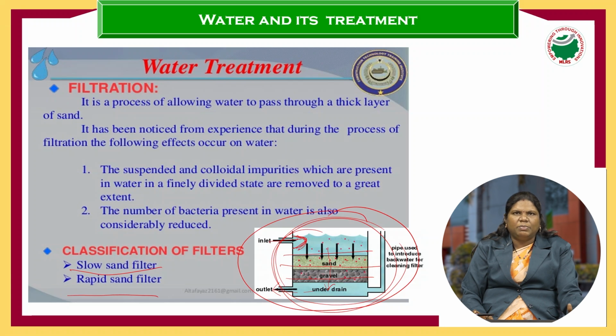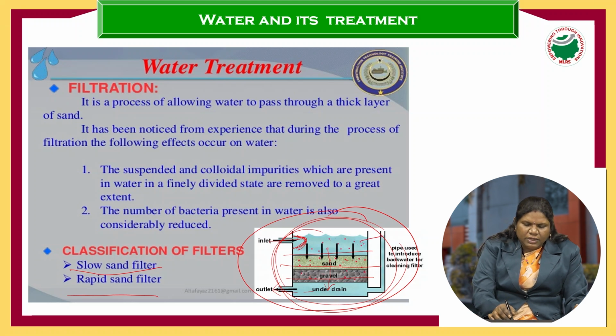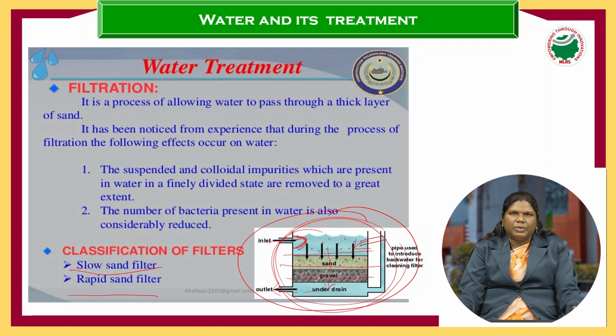The pressure will be pumped through an inlet pump so that the process of filtration takes place fast. In the slow sand filter, no pressure inlet is present. In the rapid sand filter, one inlet will be present to pump the pressure. This is the main difference between the slow sand filter and the rapid sand filter.